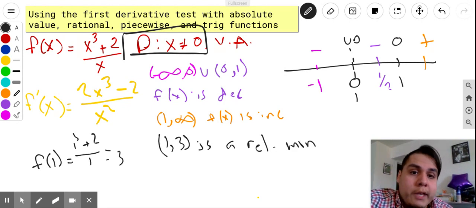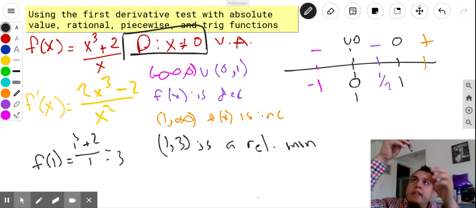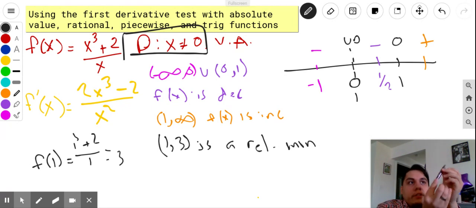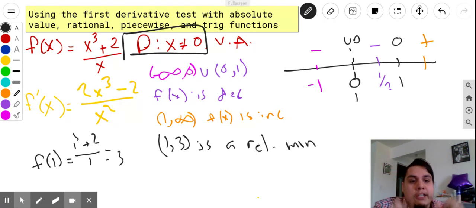And that's it. Notice how I can figure out the relative minimum if I visualize how the graph is going to look. It's decreasing from the left, it bottoms out, and then it starts to increase again. So it could look something like that. That's how I know it's a minimum.